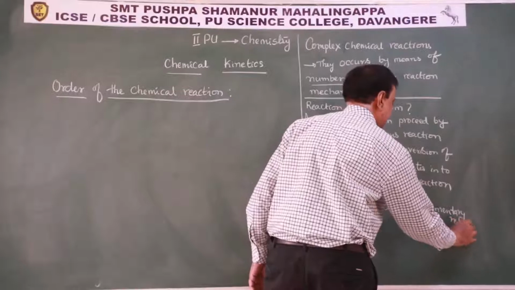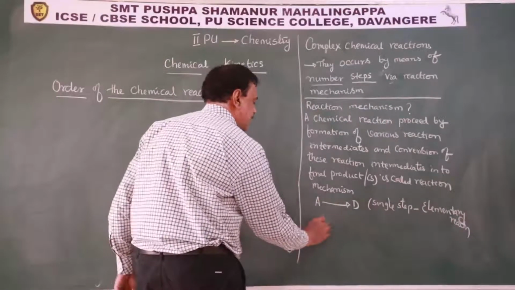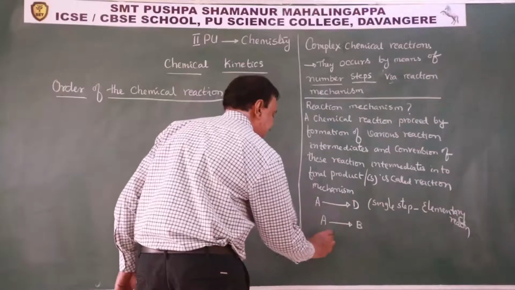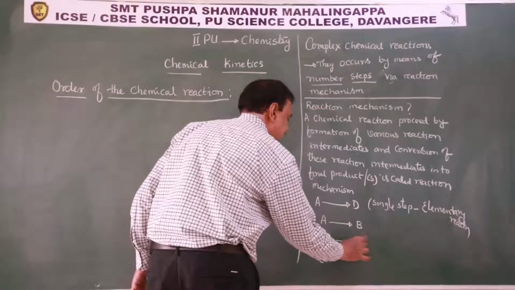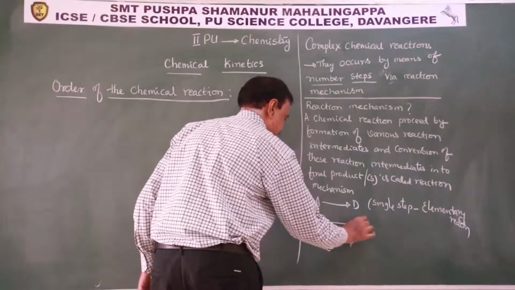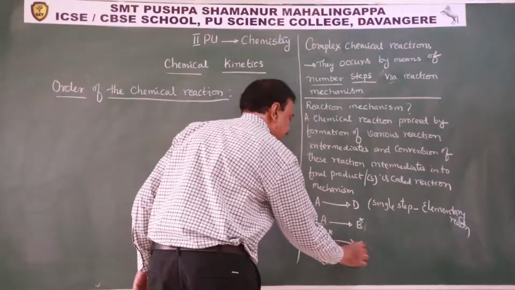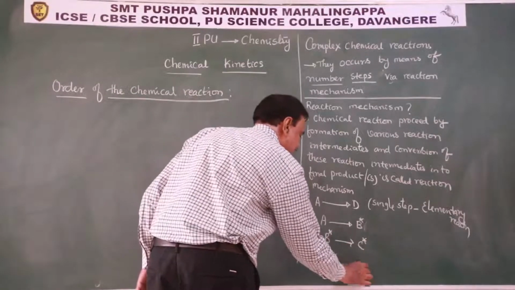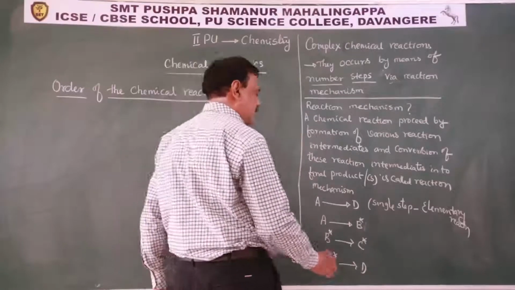On the other hand, suppose A is the reactant that reacts to give B*, an intermediate. Suppose B* gives rise to C*, and C* gives rise to the final product.